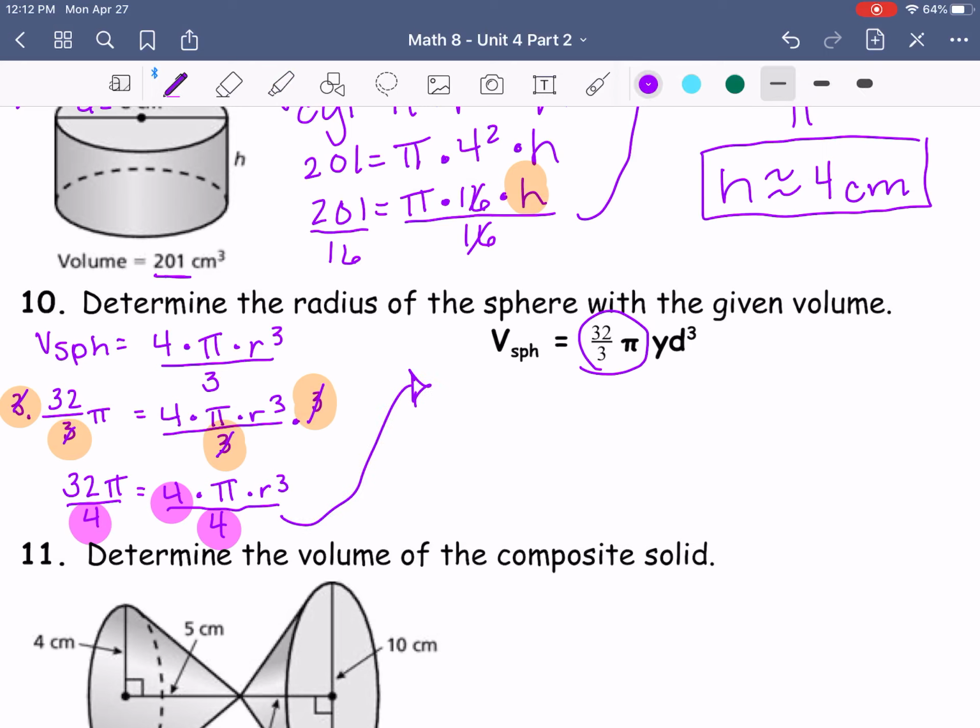All right, 32 divided by 4 is 8. And that means over here I'm left with pi times the radius cubed. Now I am going to divide both sides by pi so that I can get that r cubed all by itself. So this gives me a 1, so I'm left with 8 on this side, and this gives me r cubed.